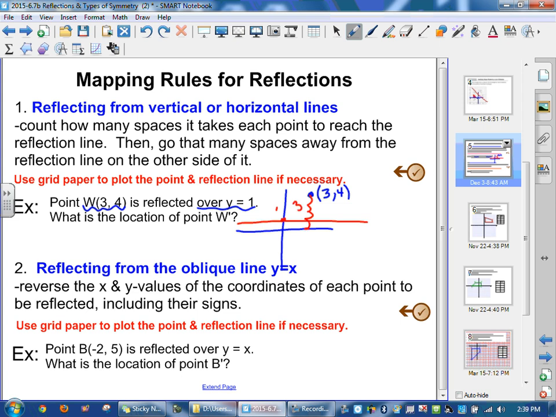So what am I actually doing to that number 4? I'm moving it down, aren't I? If an object moves down or up, I'm only doing it to the y number. If it moves left and right, I'm only doing it to the x number. So what is my new coordinate point way down there? We know it's still going to have a 3 for an x, but what's my new y number? What's my new y number?